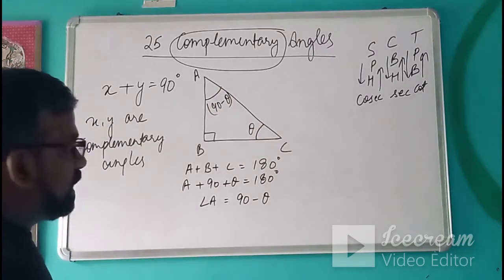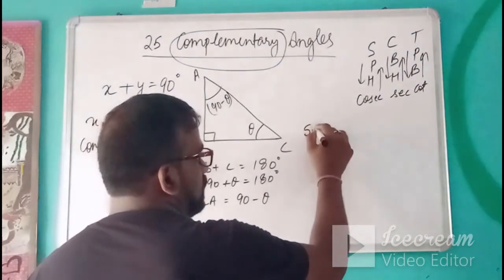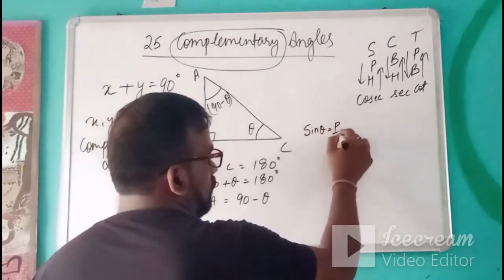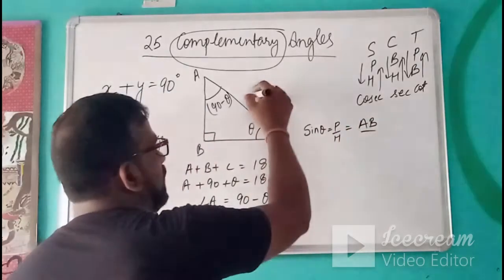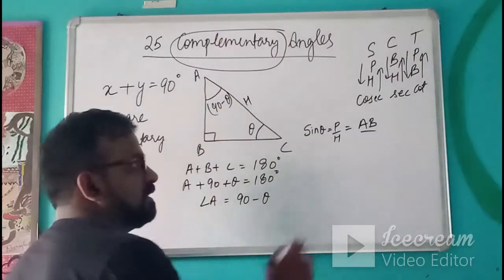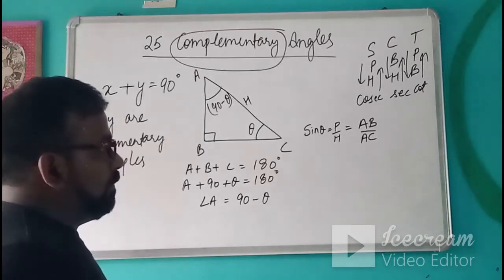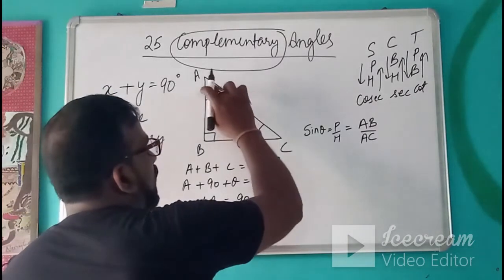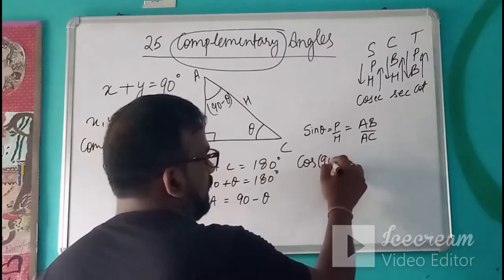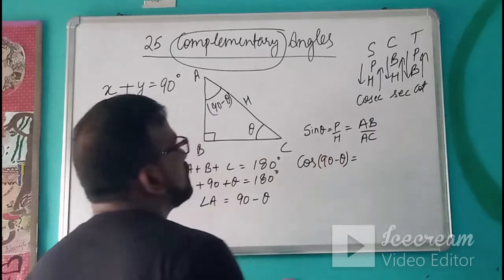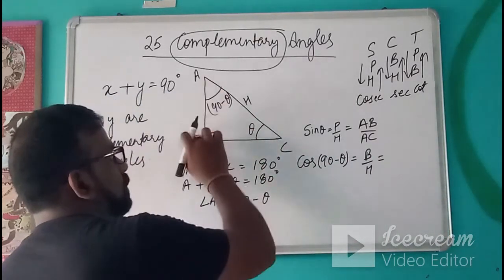Okay, so we will start with the very first trigonometrical ratio, that is sine of theta. Now for this theta, what is your perpendicular? AB, and definitely AC will be the hypotenuse because this angle is 90 degrees. Now if you look very carefully and calculate the value of cos of 90 minus theta, what is cos theta? B upon H. So for this 90 minus theta, what is your base?